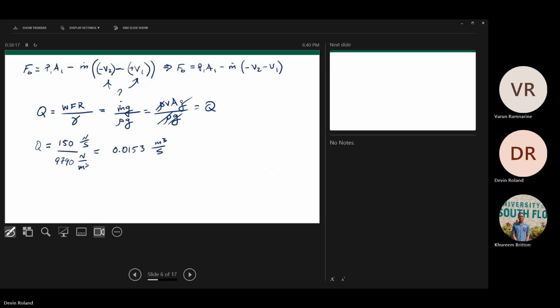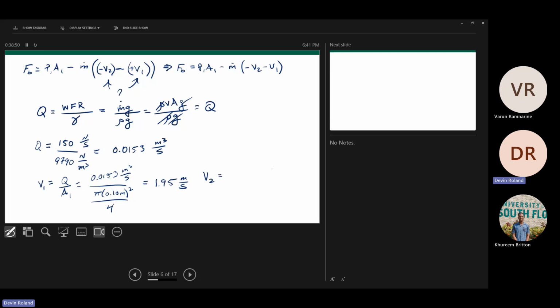So then V1 is going to be Q over A1. The diameter of the A1 cross section is 10 centimeters. That's going to give 1.95 meters per second.